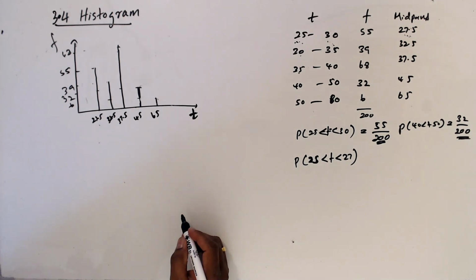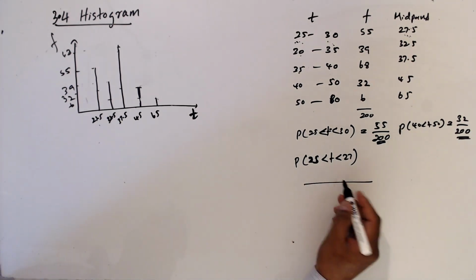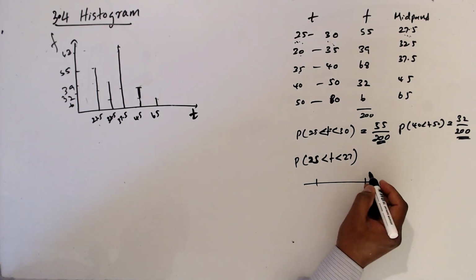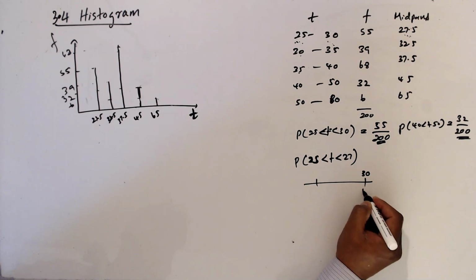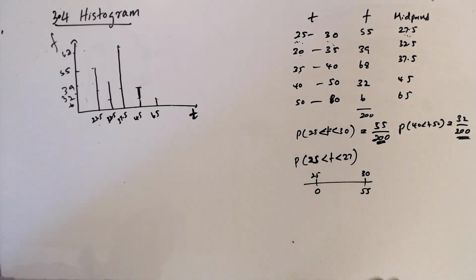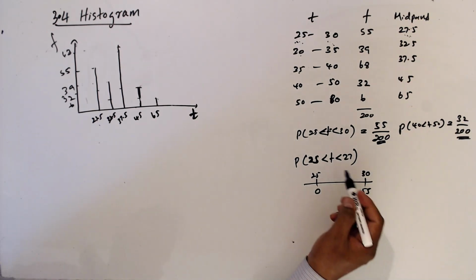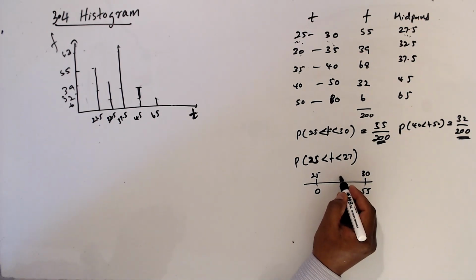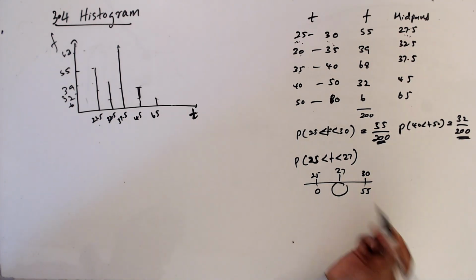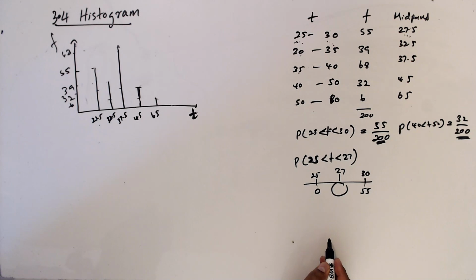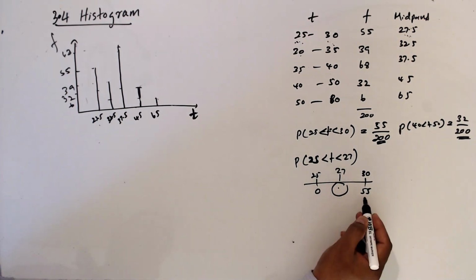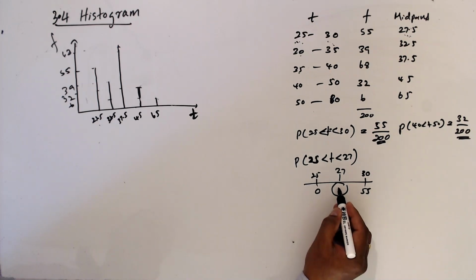In that case you can use interpolation. Up to 30 it is 55. Up to 25 it is 0. Then for up to 27, you can get the relevant frequency from here, and that is the value.